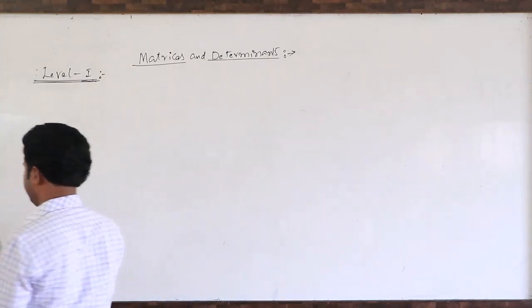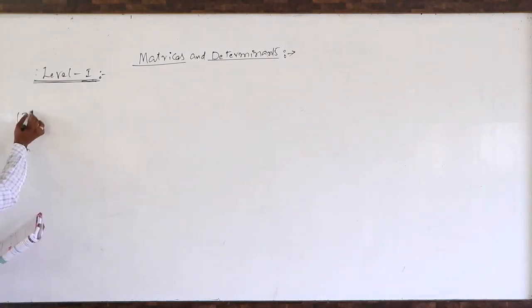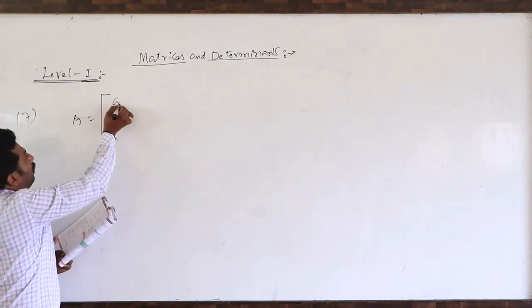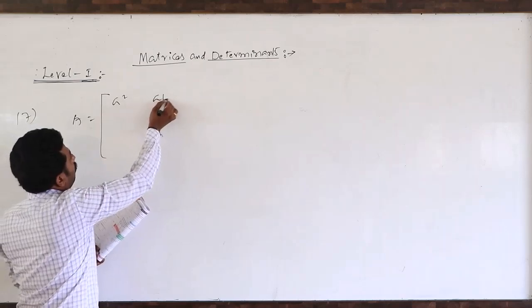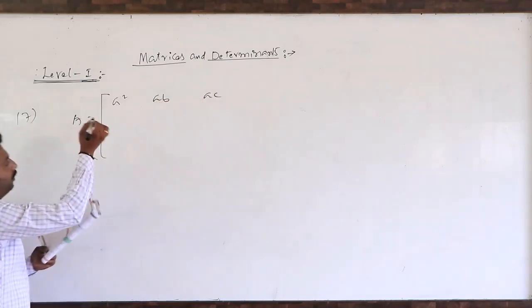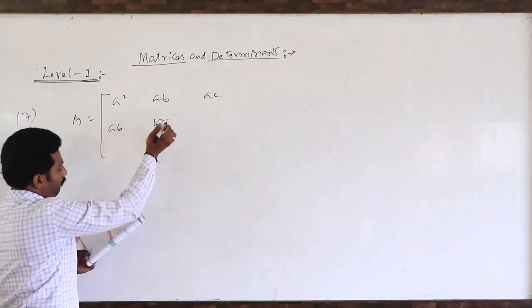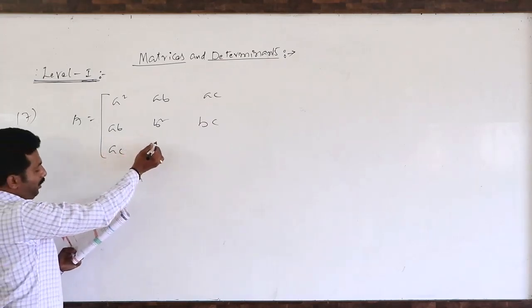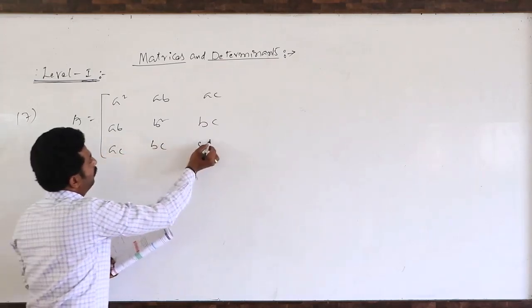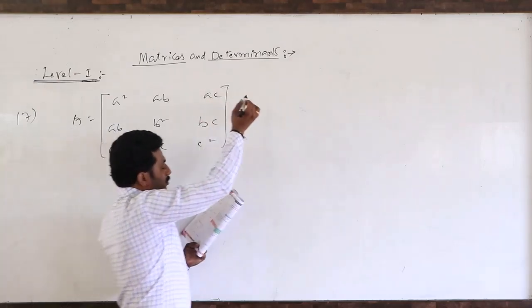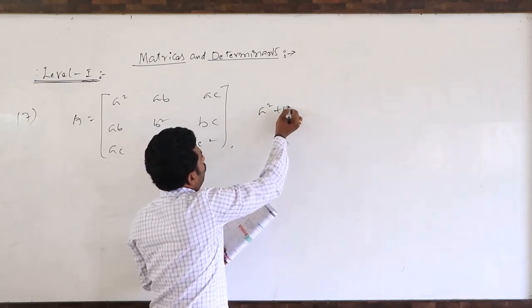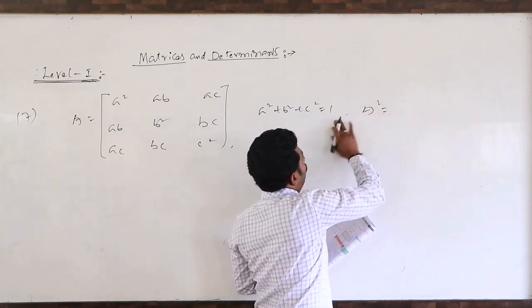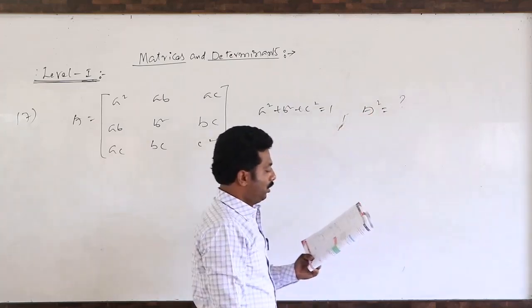Number 17. If A equals the matrix [a squared, ab, ac; ab, b squared, bc; ac, bc, c squared], and a squared plus b squared plus c squared equals 1, then they are asking what is the value of A squared.